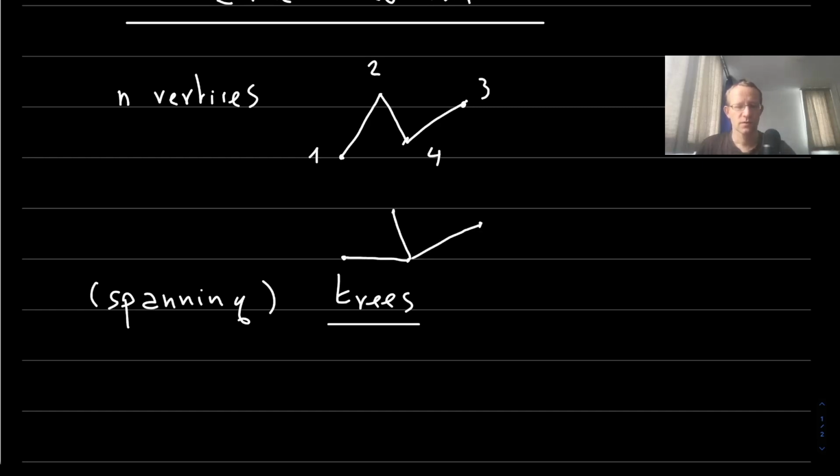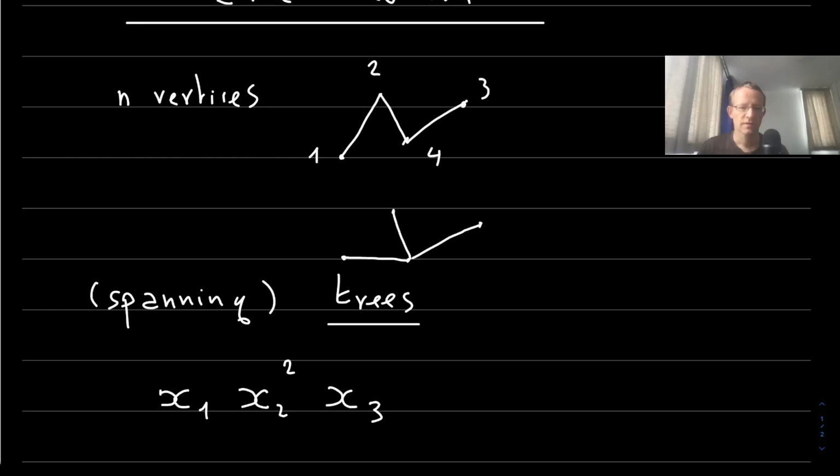And we want to associate a monomial to each tree. And the monomial consists of variables that we associate to each of the vertices. And then we raise them to the power of the number of edges that leave that vertex.